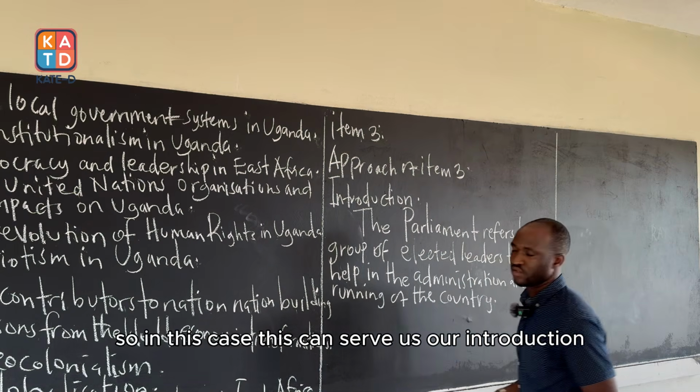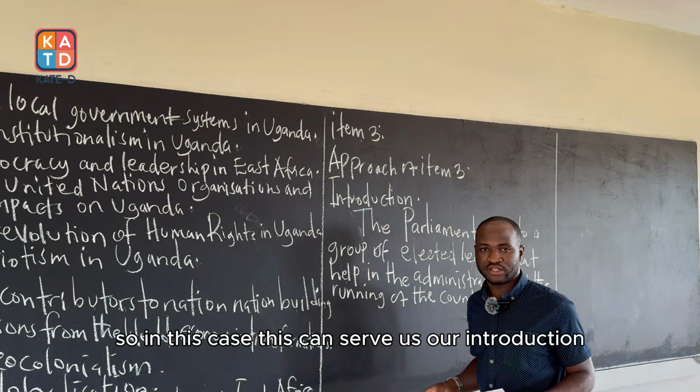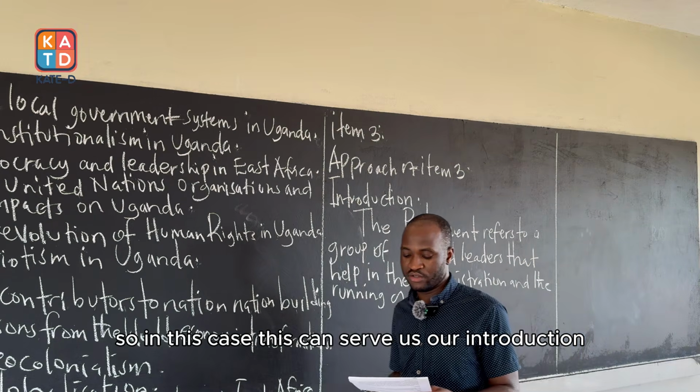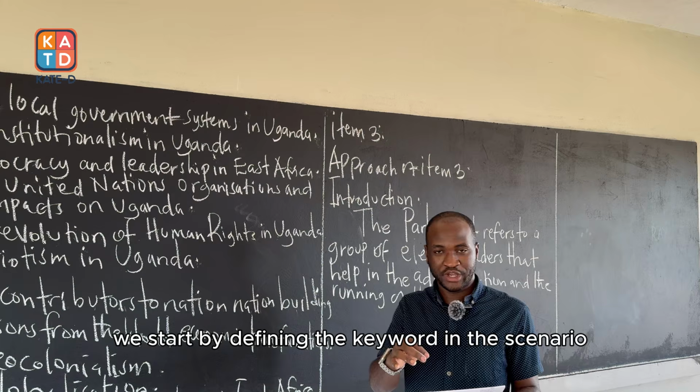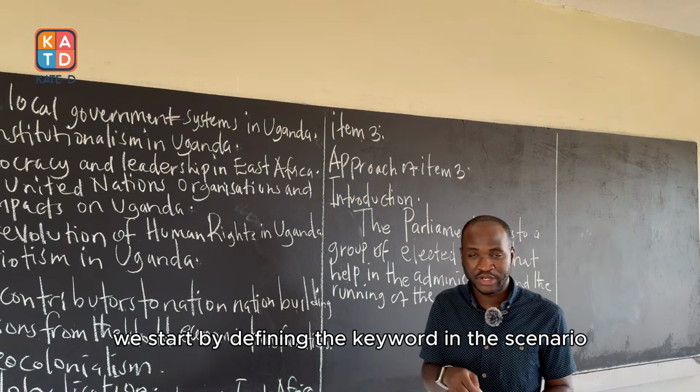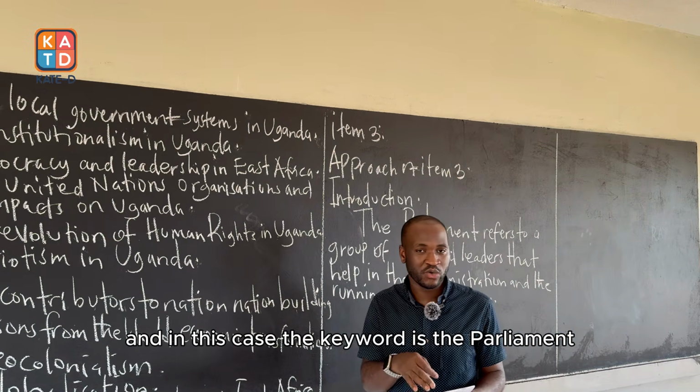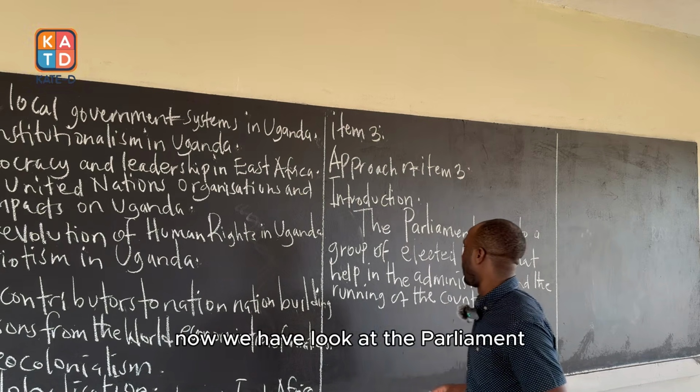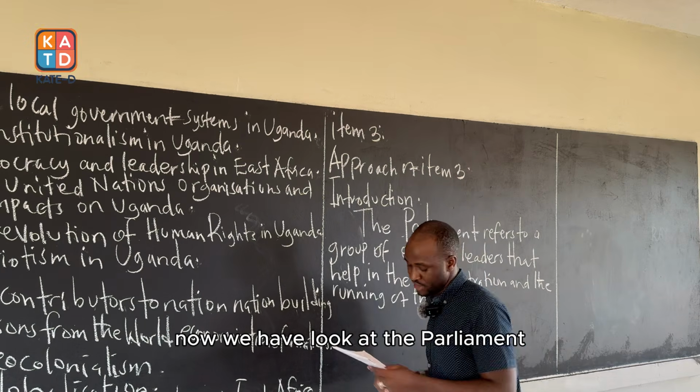So in this case, this can serve as our introduction. I've said we start by defining the keyword in the scenario, and in this case, the keyword is the parliament. Now, we have looked at the parliament.